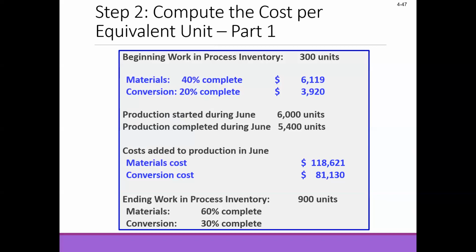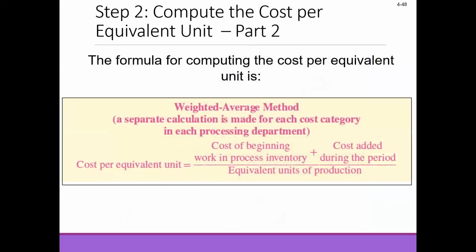It's given us all of our facts here. How do we compute the cost per equivalent unit? We're going to start with our cost of beginning work in process inventory, add what we had during the period, and divide that by our equivalent units of production.